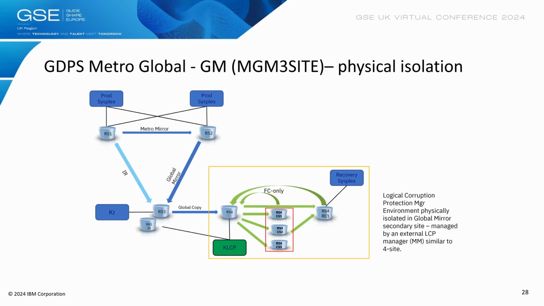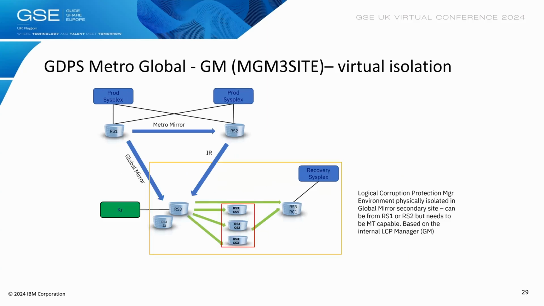On this slide, we see a GDPS Metro global mirror three-site with external LCP, so physically isolated. Again, a copy of the recovery site is taken with global copy on an external location and managed by an external LCP.